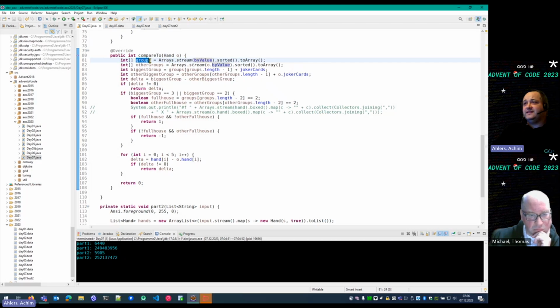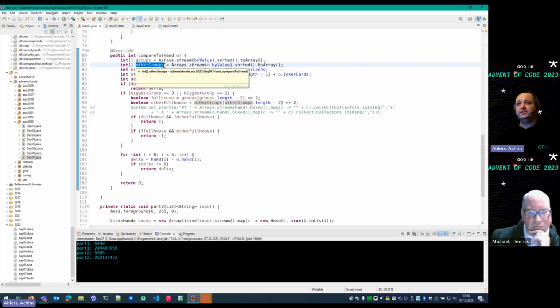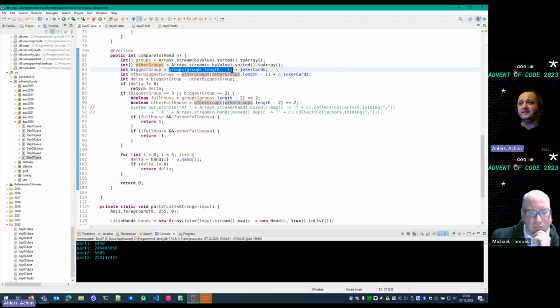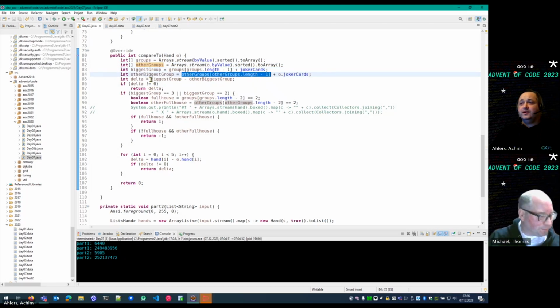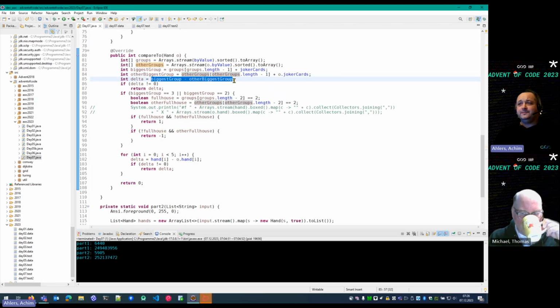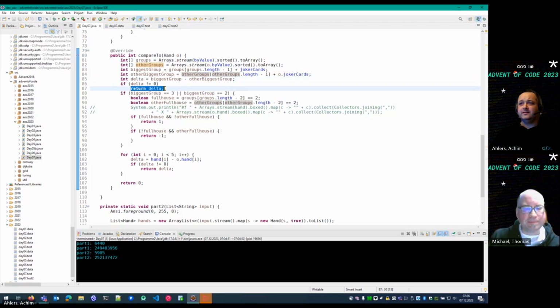Which means that in these 2 arrays, the largest group is the last entry. And I access exactly that. Then I build the difference of them. And the one that is bigger would then be returned, which is in the contract of the compareTo method.